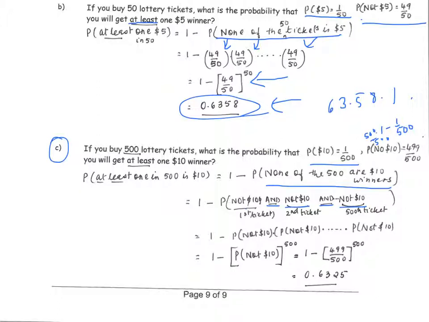So it is 1 minus the probability of not winning $10 in the first ticket times probability of not winning $10 in the second ticket times probability of not winning $10 in the last ticket. So that is equal to 1 minus 499 over 500 to the 500th power. So that is 63.25 when you plug in the numbers into your calculator.